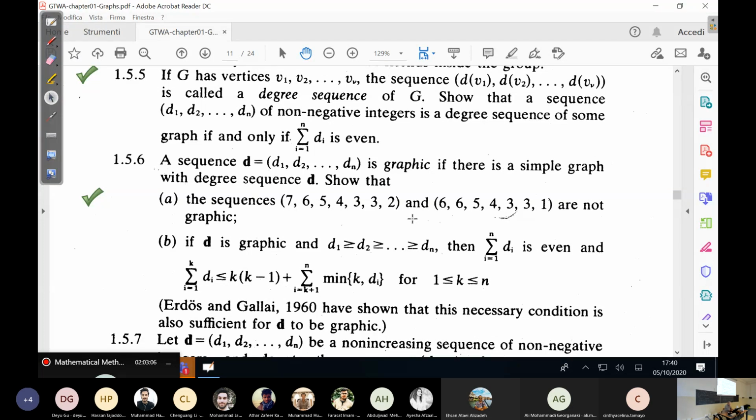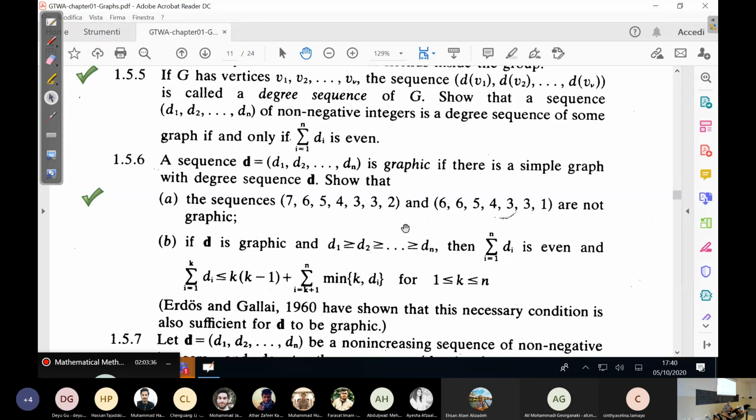Be careful. There is a difference between a simple graph and a graph. A simple graph has no multiple edges and no loops, and this part is relative to simple graphs, whereas the exercise before is for a graph without the condition of being simple.